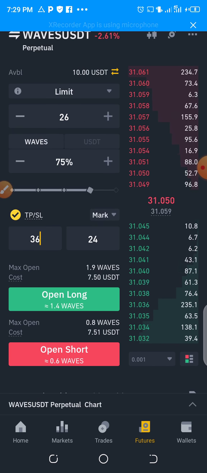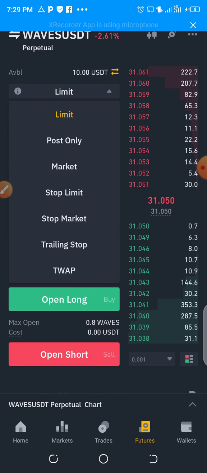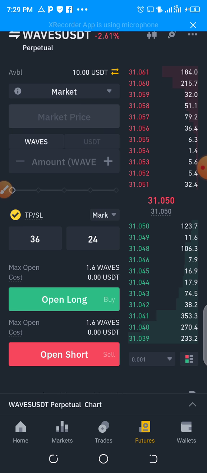So secondly, if I want to buy at the current market price, I'll tap on limit, then I'll choose market. If I click market, it means that I'm buying at the price of 31.05. Then I have to drag my ruler.